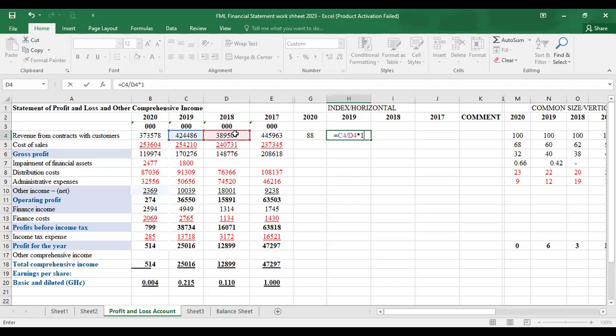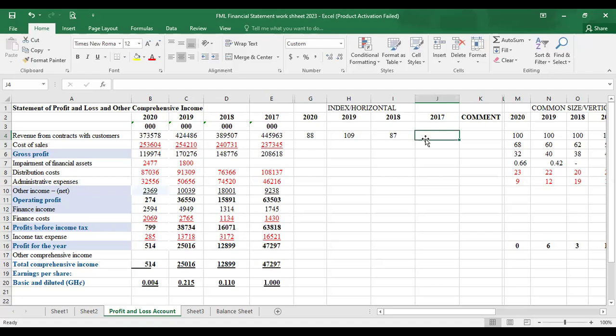Then we multiply it by 100. Then we will pick 2018. The base would be what? 2017 revenue. We multiply it by 100. Then the base year for 2017 would be 2017, since we don't have any other previous year. So 2017 will be the fixed year.